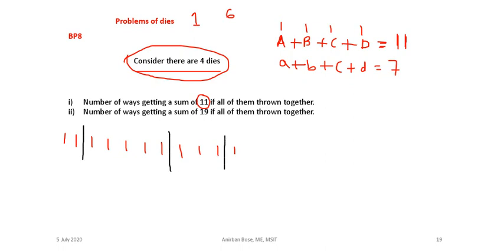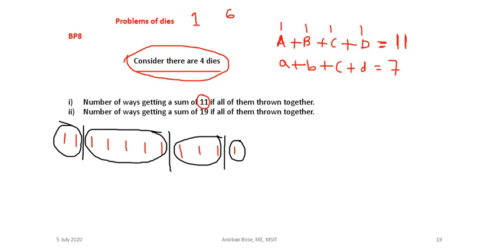We are using 3 partitions, so in this way we are dividing this into 4 compartments. This is one compartment, this is another, this is another, and this is another. So we have divided these 11 similar objects into 4 different compartments, and how many ways we can divide it, that we'll see.